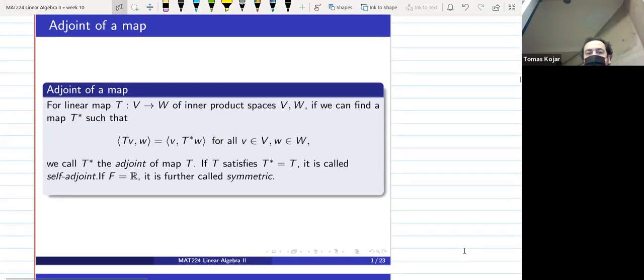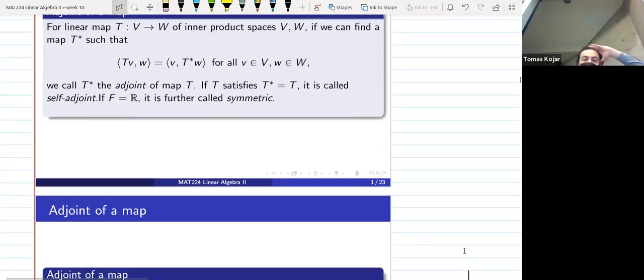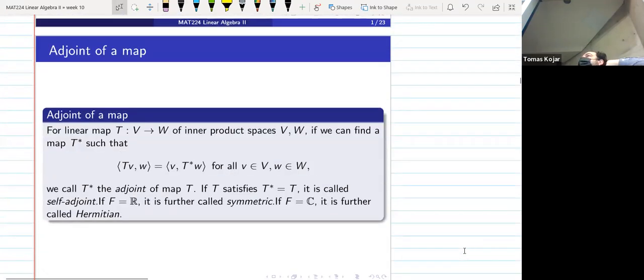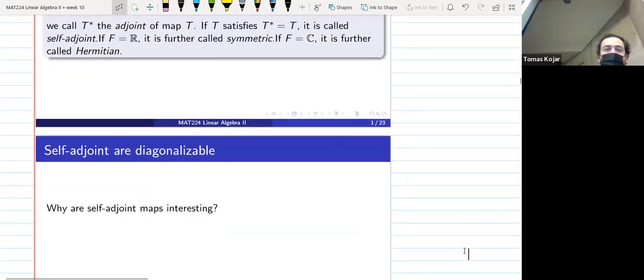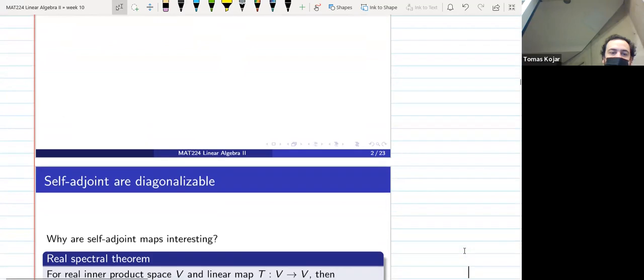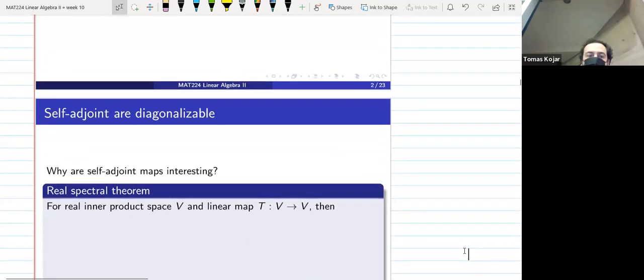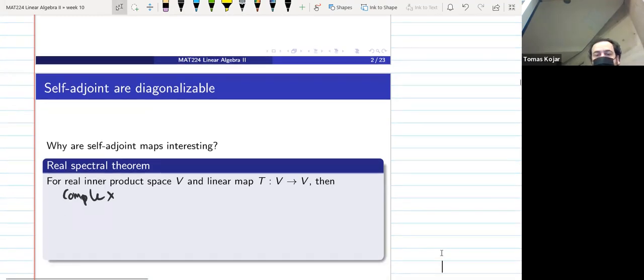Self-adjoint maps, when your underlying field is R, are called symmetric maps. When they're complex, they're called Hermitian. This is in physics, quantum mechanics stuff. So why do we care about self-adjoint? Because we have the spectral theorem. It's for both real and complex. Axler does it for real, but the proof works for both, and I will do it for both.